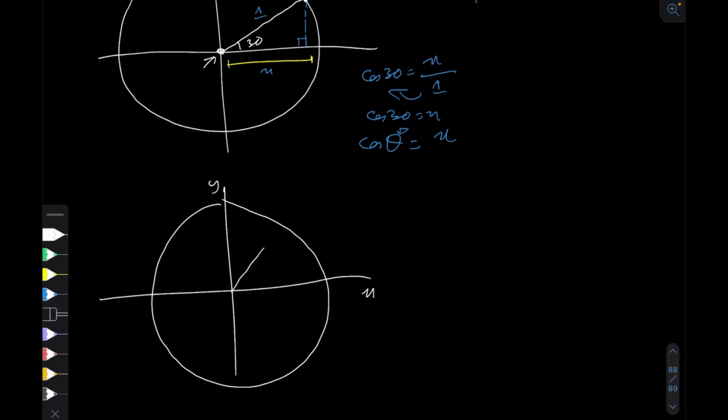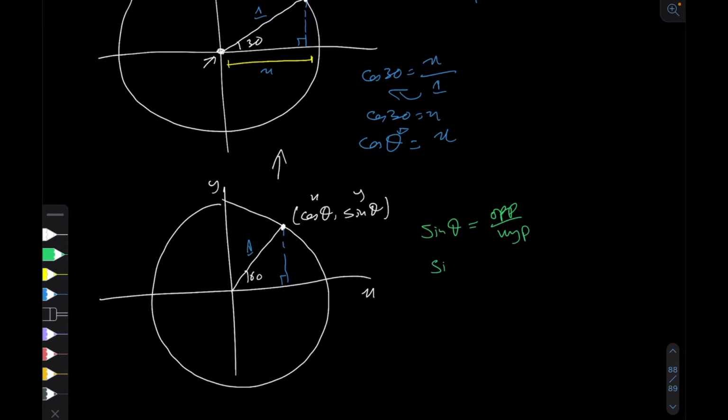So if I walk, let's say 60 degrees, this is 60, I end up over here, right? And from what I talked about a few minutes back, the x value will be cos theta. And what I claim is that the y value will be sine theta, right? And just to show you that quickly, let's drop a line over here. This will be 90 degrees. So sine theta is opposite over hypotenuse, right?